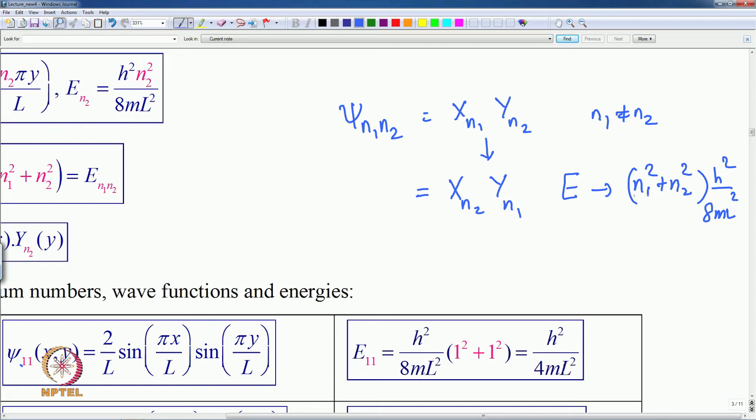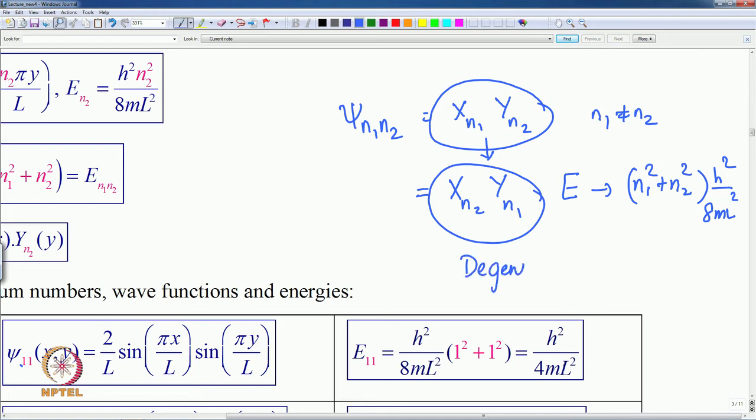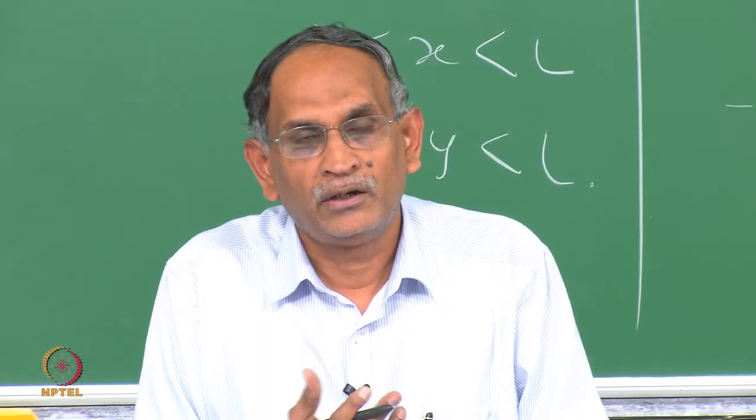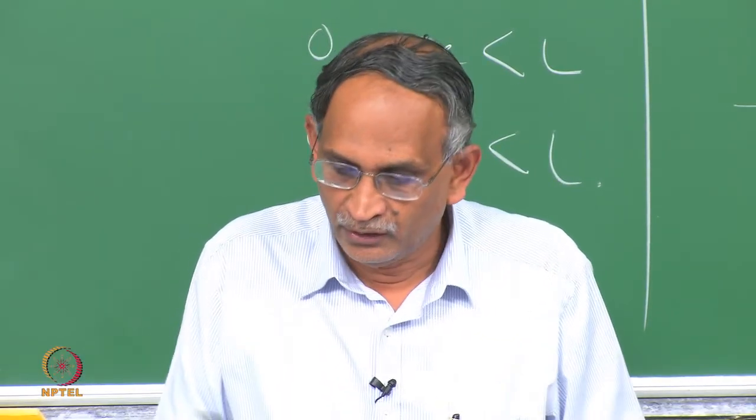Therefore, you have the same energy, but two physically different states, x of n1 y of n2 and x of n2 y of n1. Both states have the same energy. This is what is called a degenerate state. Degeneracy is 2, because there are two states which have the same energy but different quantum states. This is the introduction for the particle in a 2D box, that the degeneracy is the additional factor.